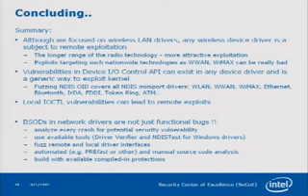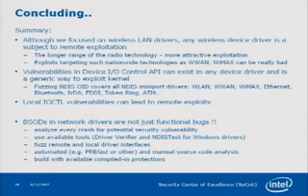So to conclude, the summary of this presentation. Although we focused on the wireless LAN driver examples, any wireless device driver is subject to remote exploitation. The longer the range of the radio technology, the more attractive exploitation is. The exploits targeting such nationwide technologies as WWAN, 3G, WiMAX can be really bad for us because they are global and nationwide. So imagine that we can send the same demo payload exploit to Los Angeles for the moment.